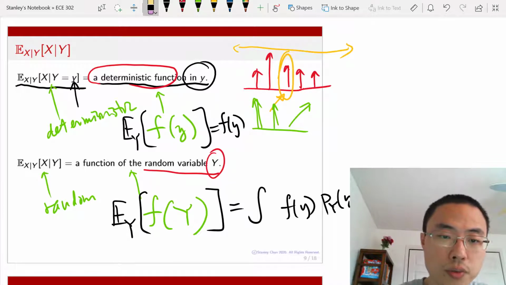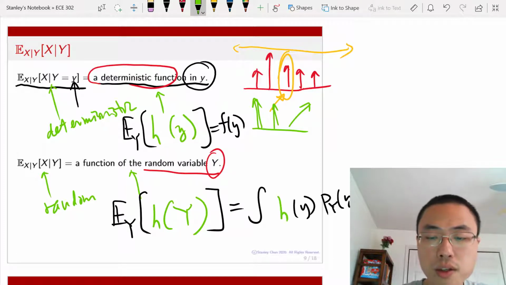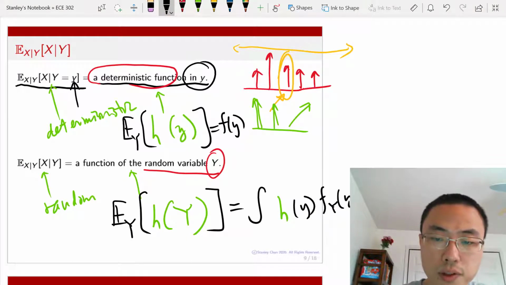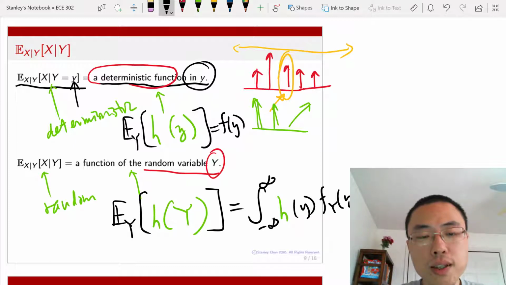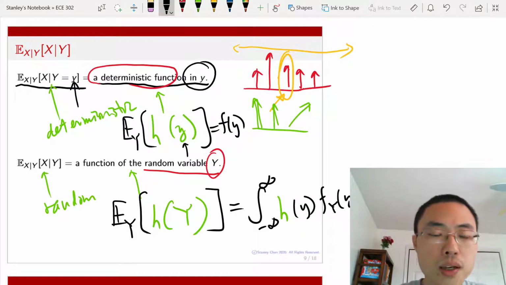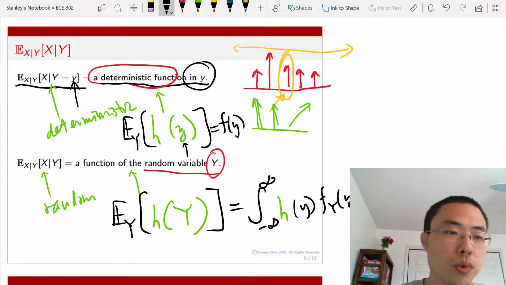Now, of course, this f could be a little bit confusing here, so let me use another notation. How about we call it h? Then you have h of y times p of y, and we call it the PDF, integrating from minus infinity to infinity. This expectation over y has nothing to do with the other one because you have already fixed at that value. Here you have a random variable y, and if you take the expectation, you need to integrate. So that's the difference between this quantity and that quantity.